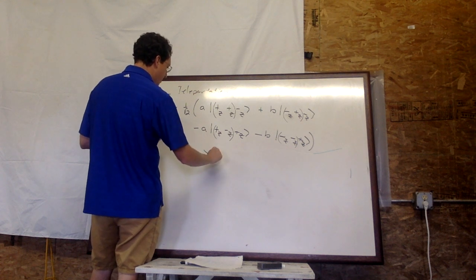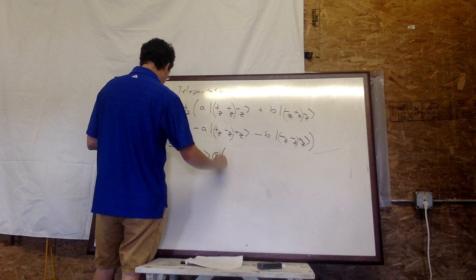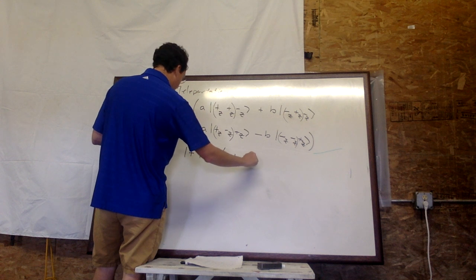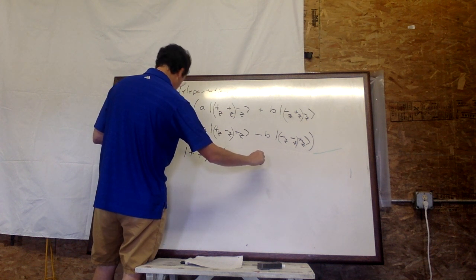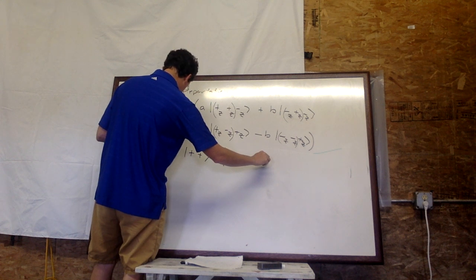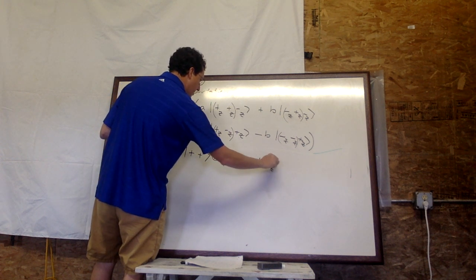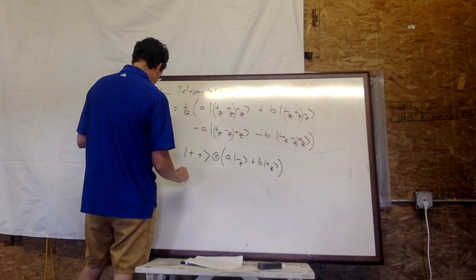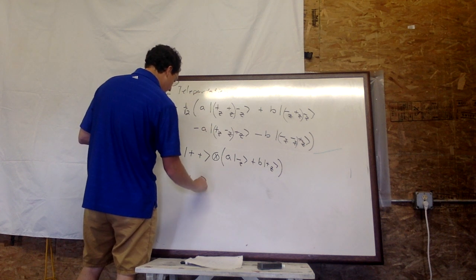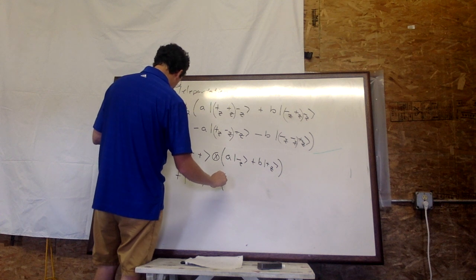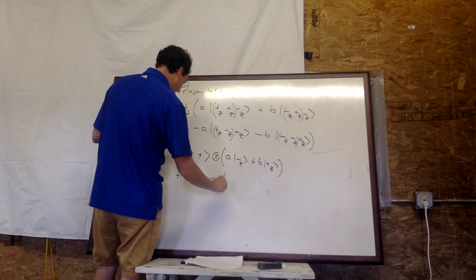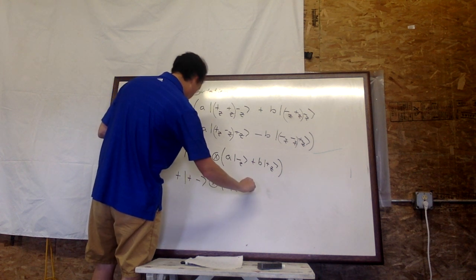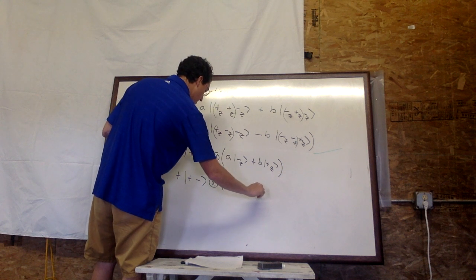This is Alice times something for Bob, which is A minus Z plus B plus Z. Plus minus A minus Z plus B. Maybe that can't be right here.